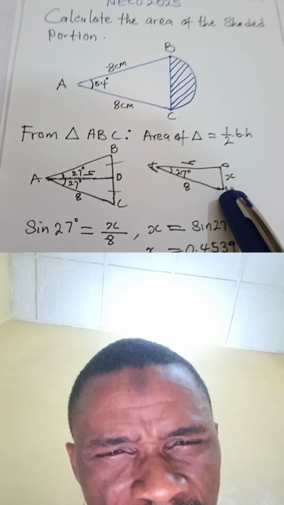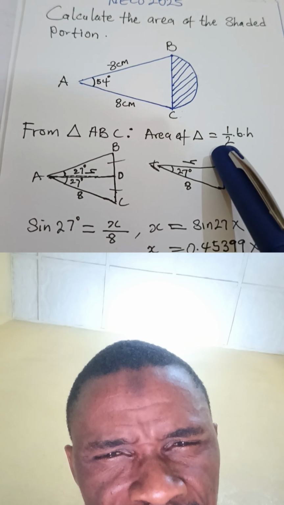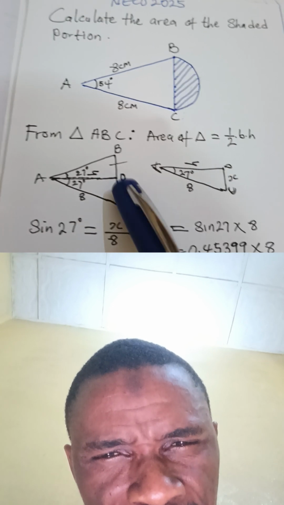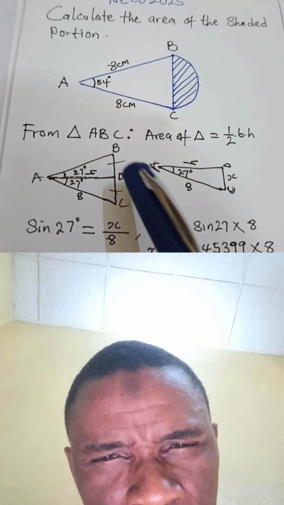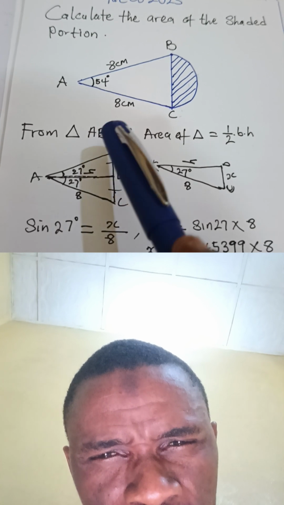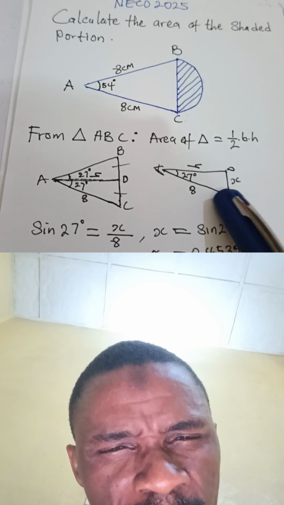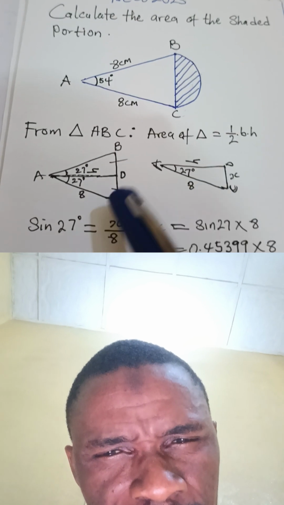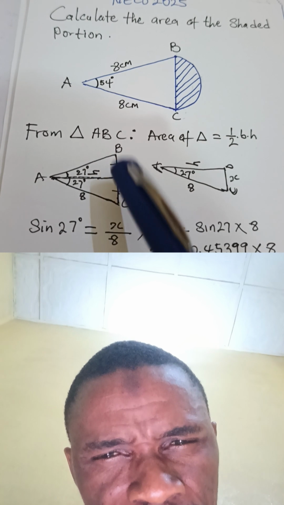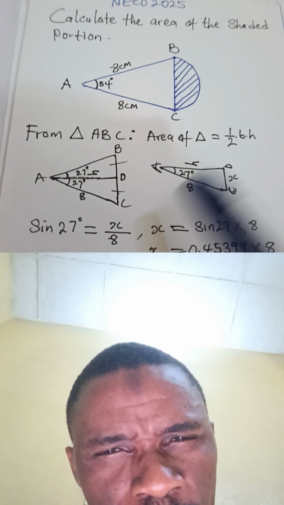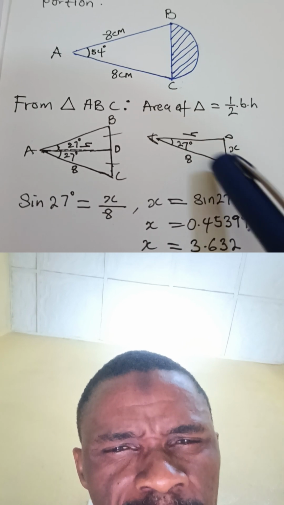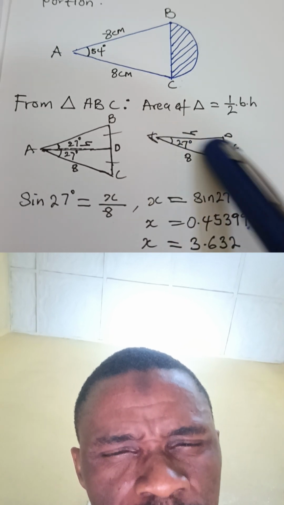So we are going to find this CD, which is half of that base, because this CD is equal to this DB. Once we get one side, then we can know the two because they are equal. We just multiply it by 2. So now, this is a right angle triangle.